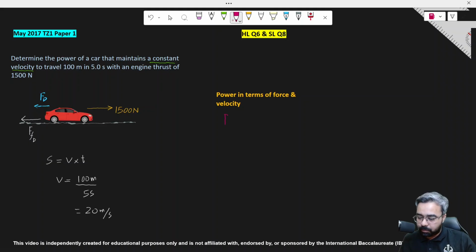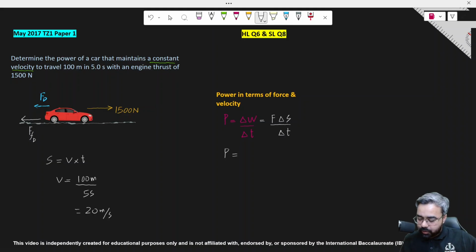Power is generally the rate at which work is done. Now, this work done is equal to the force times the displacement, and because a constant force is applied by the engine, the displacement is increasing with respect to time.